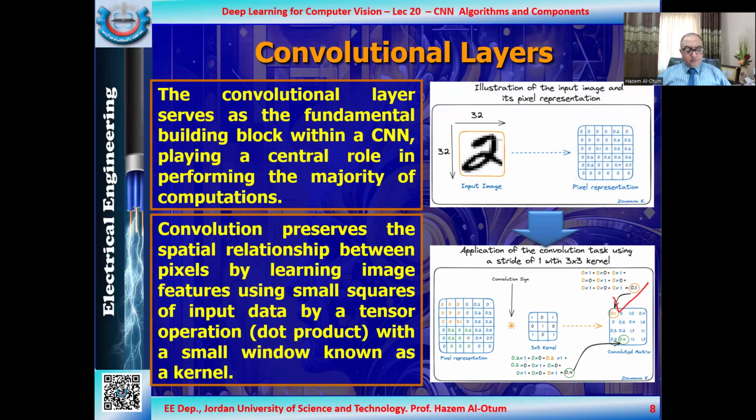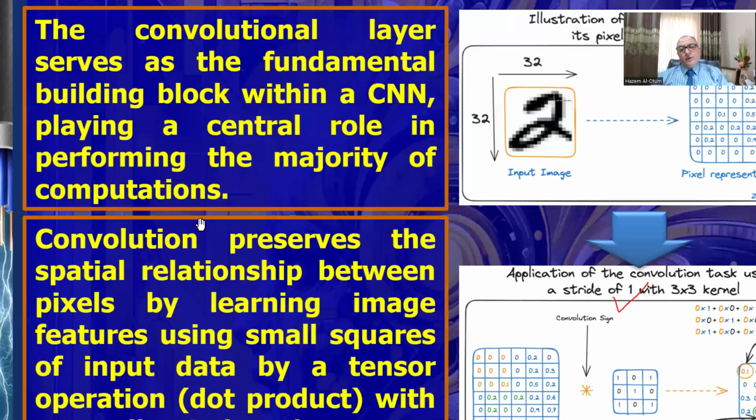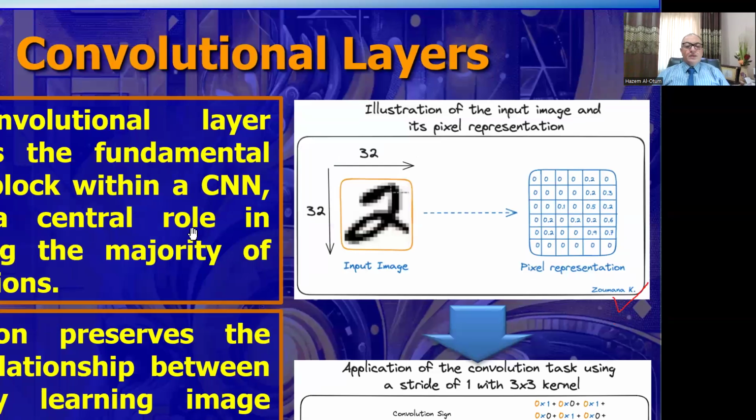So simply, if you look at this image, here we have the input image of the size 32 by 32. This is the input handwritten image. And let's say this is the presentation of the pixels in the shape of a matrix.